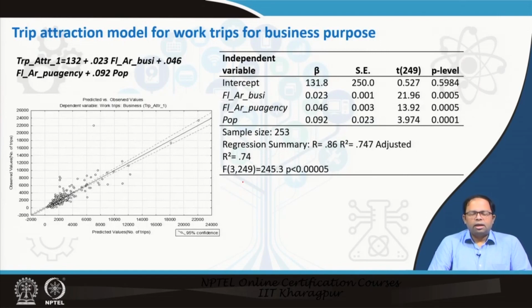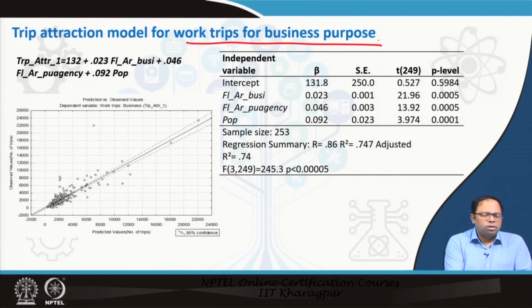Over here is the final result of the model, where we predict the total trips attracted to a particular zone. These are walk trips for business purpose. The regression equation shows that total trips attracted is equal to 132, this is the intercept, plus 0.023 into the coefficient for floor area of businesses, plus 0.046 into floor area of public agency, plus 0.092 of population.